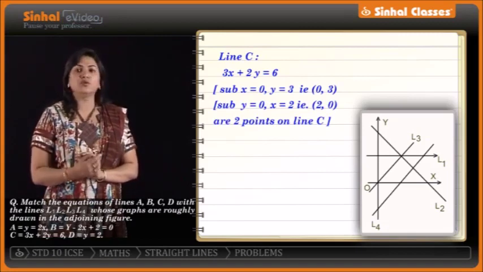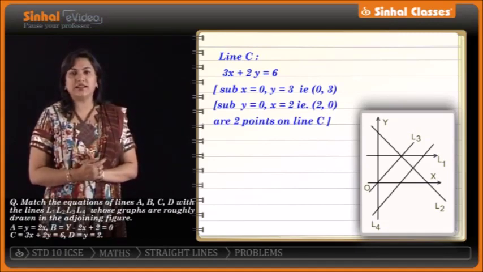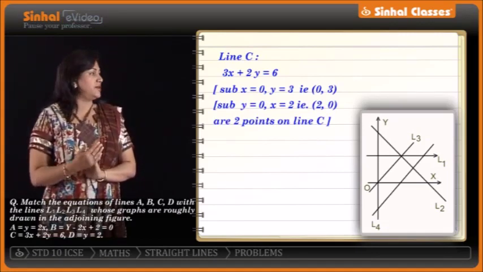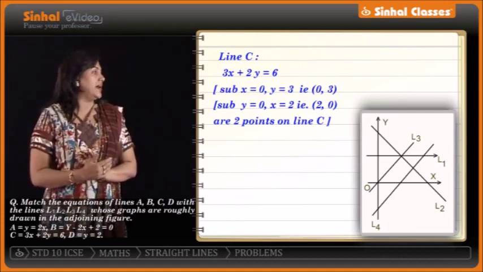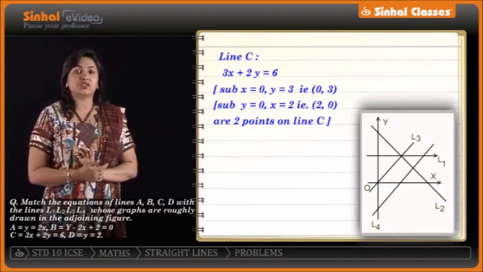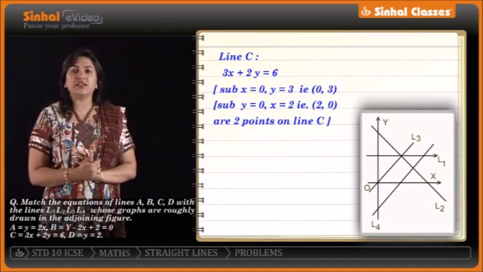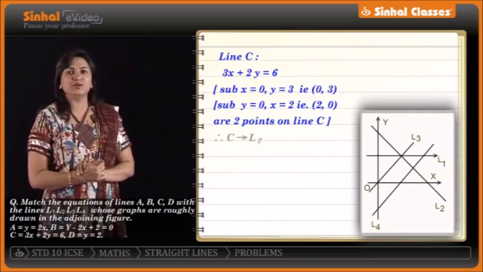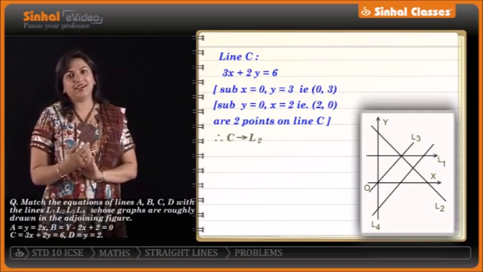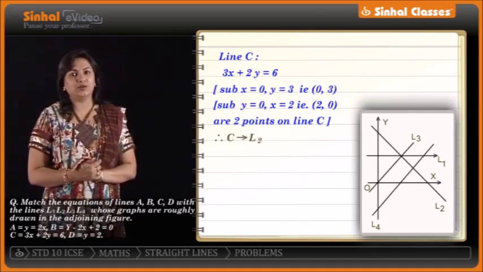That is (2, 0) lies on this line. So we have got these 2 points (0, 3) and (2, 0) lie on the line C. Now which line can these 2 points lie on from the figure? It could be line L2. So line C is nothing but line L2.